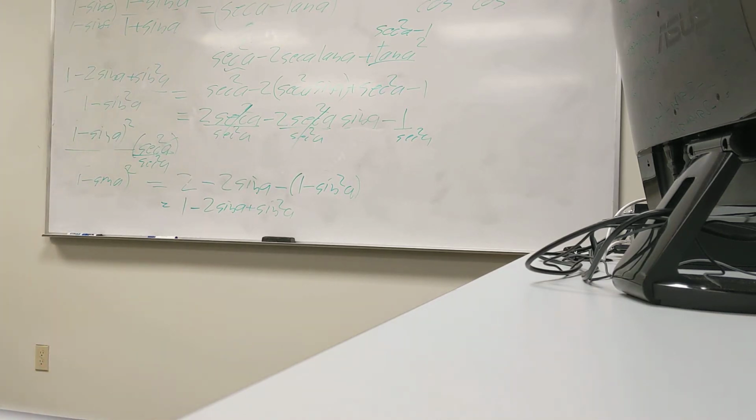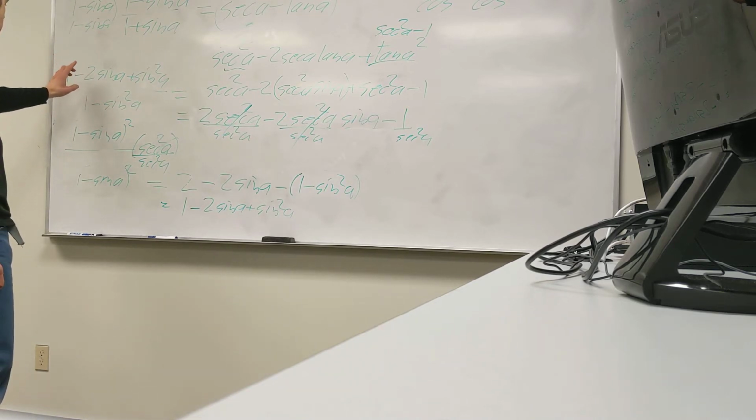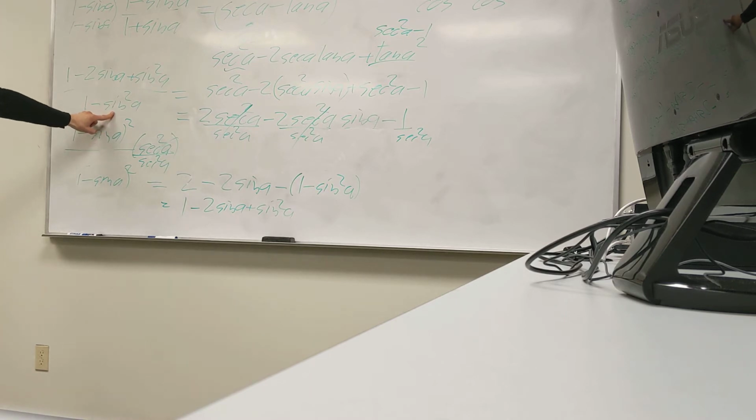Something like this is going to be on the quiz. This is on the take home. Okay? So what I did is on the left side, on the bottom, I got 1 minus sine squared, which is cosine squared, right? Do you guys see that? And 1 over cosine squared is actually secant squared, right?